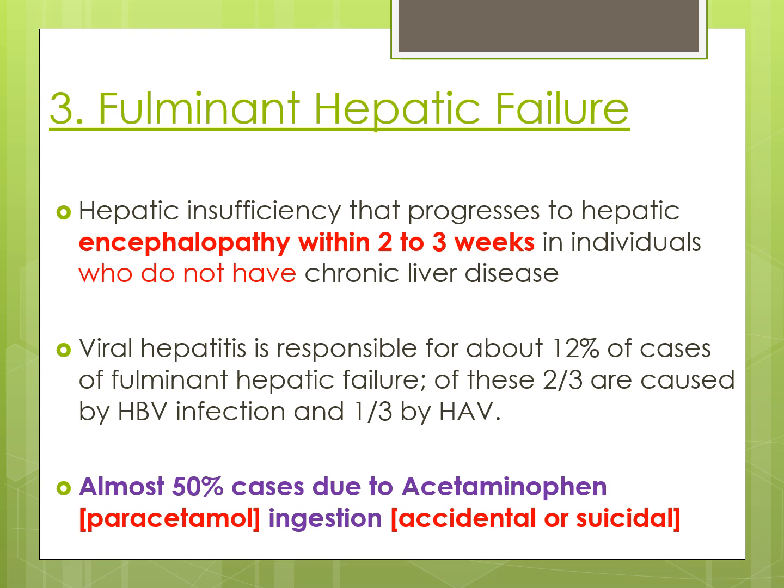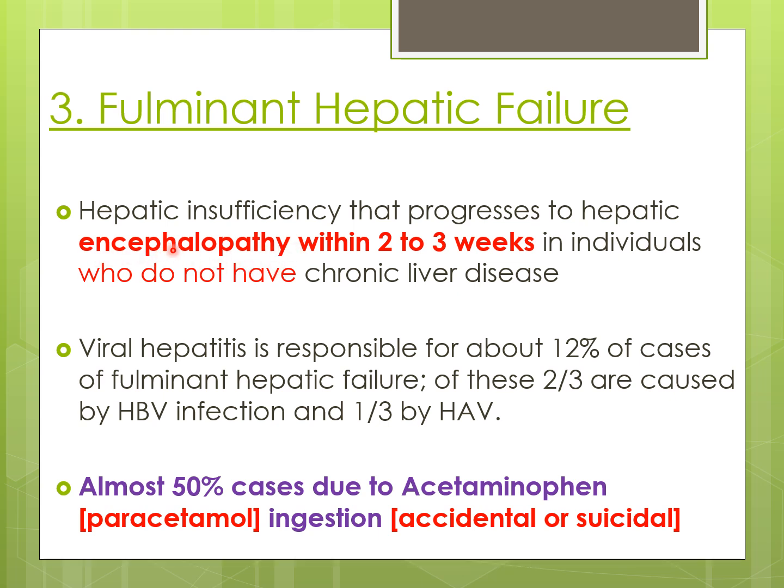This occurs rarely, sometimes it occurs, but this is defined as there's production of hepatic insufficiency. The liver cannot perform its function, and it progresses to hepatic encephalopathy, meaning it is affecting the brain.